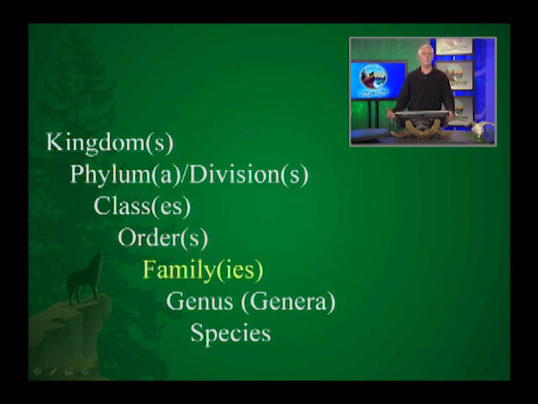Orders could be broken up into families. And then families can be broken up into genera. Genera is the plural of genus. And then a genus can be broken up into species. And so species then would be the most homogeneous group, like organisms, and we've talked about that before. Generally, we define that as being organisms that will successfully mate with one another.